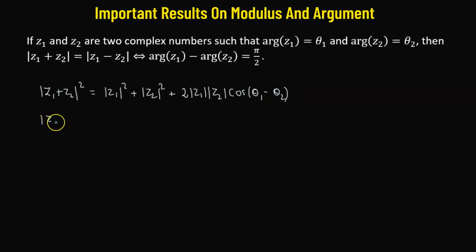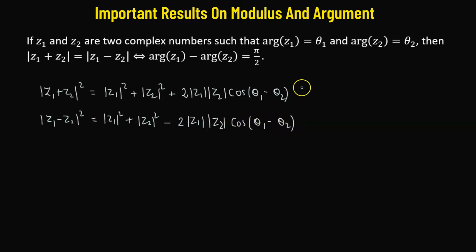And we also obtained the absolute value of z1 minus z2 whole squared, which is equal to absolute value of z1 squared plus absolute value of z2 squared minus 2 times absolute value of z1 times absolute value of z2 times cosine of theta 1 minus theta 2. This is what we have already shown just now.